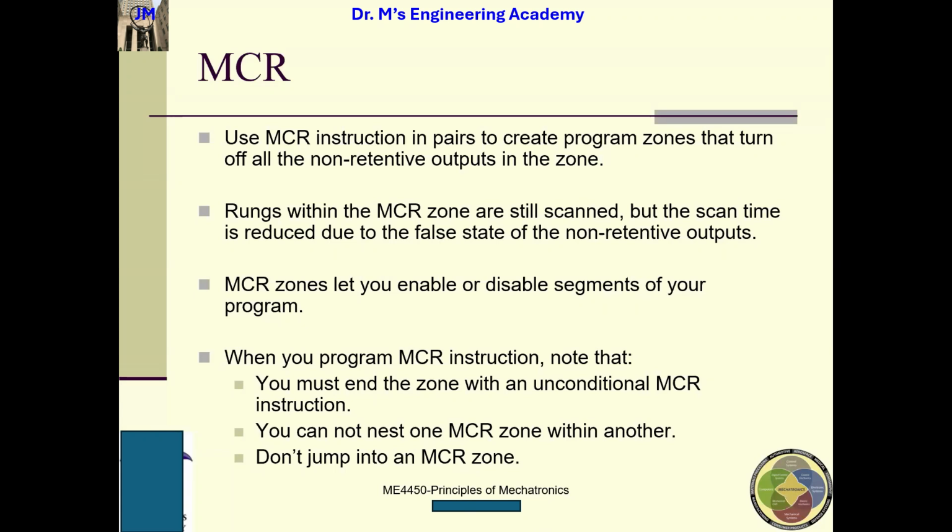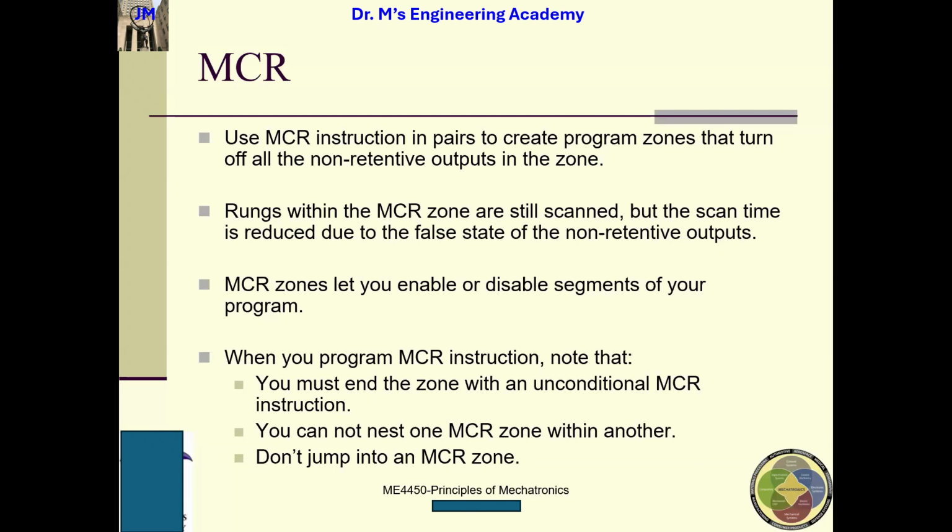Whenever you want, if under some conditions you do not want to execute these runs, or if some conditions are met and you want to execute all these runs located in between, this gives you bigger flexibility. When you program an MCR instruction, know that you must enter the zone with the unconditional MCR instruction.